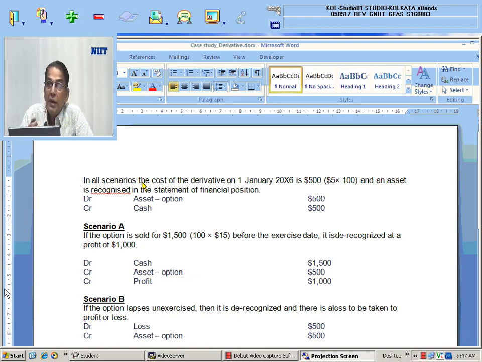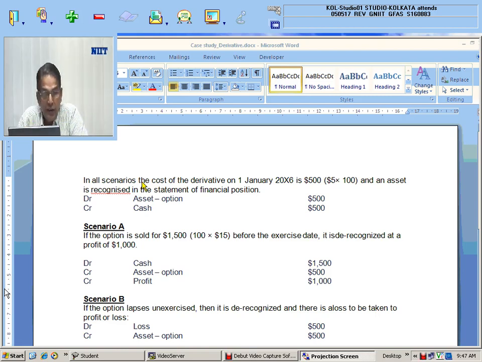Since it is available in the market at a lower price, ABPLC will not exercise its rights under the option contract to buy the same shares at $10. It doesn't make sense. Something which is available in the market at a lower price, why should you buy it at a higher price under the contract? You have no obligation to buy, you have only rights to buy. So the option will lapse unexercised on the expiry date.